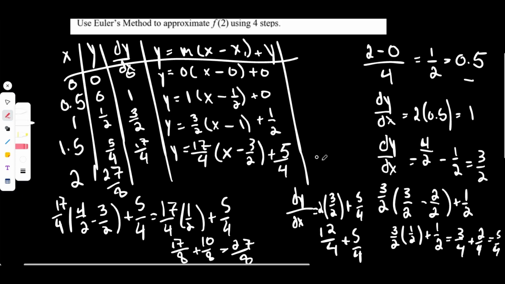So we know that f of 2 is approximately 27 over 8. Again, this is Euler's method, so this is just an approximation. This is the closest we can get to just using simple arithmetic, simple multiplication, instead of having to go through that integration process. Let's take a look at one final example.